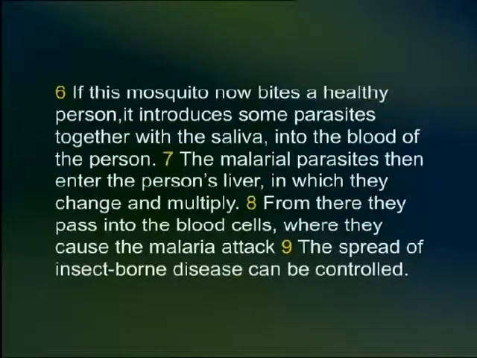And sentence number 9, the last sentence, the spread of insect-borne diseases can be controlled. Now, out of those 9 sentences, there were 2 sentences that were not related to the text or to the diagram.